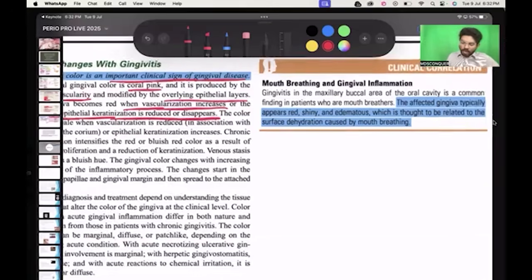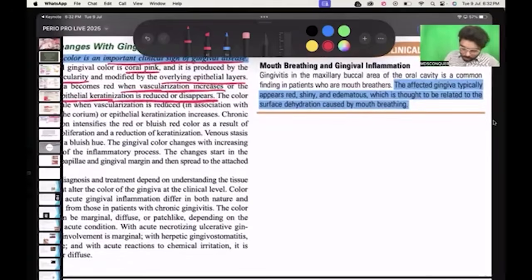When I'm talking about mouth breathing, what is the location where gingivitis can be seen in mouth breathers? Any idea? The anatomical location in the oral cavity where you can see marginal gingivitis in mouth breathers is the maxillary anteriors.